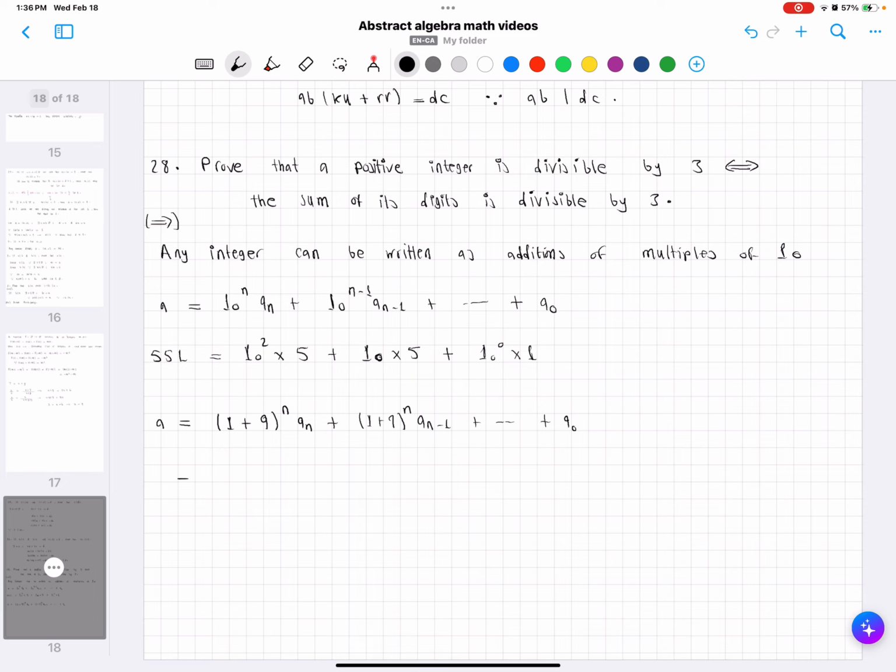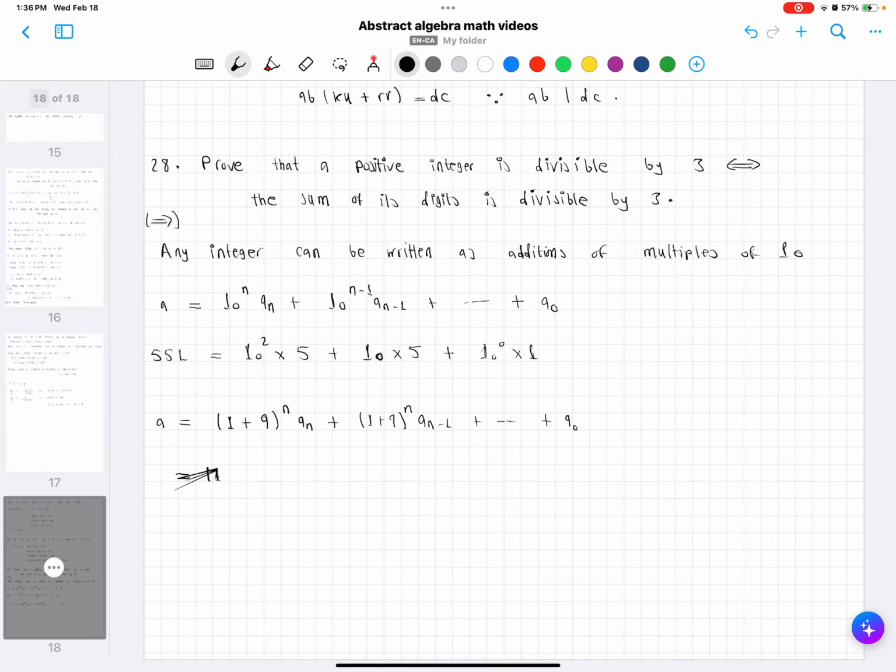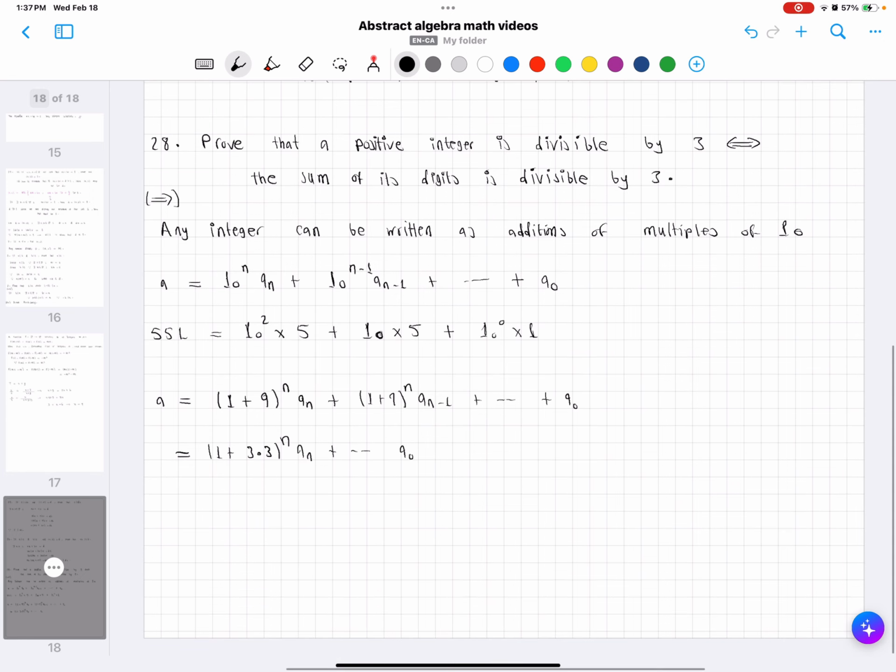So we have 1 plus 3 times k_n, or 3 times 3 to the n, times a_n plus all the way to a naught, where we have 1 plus 3 times 3 raised to a certain power.